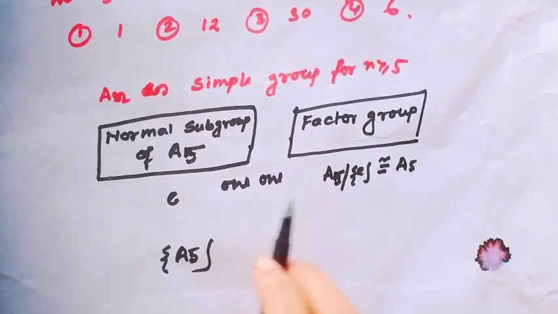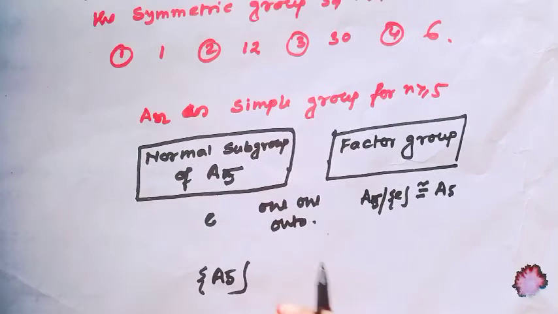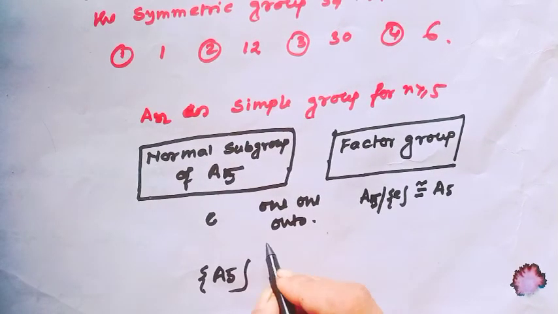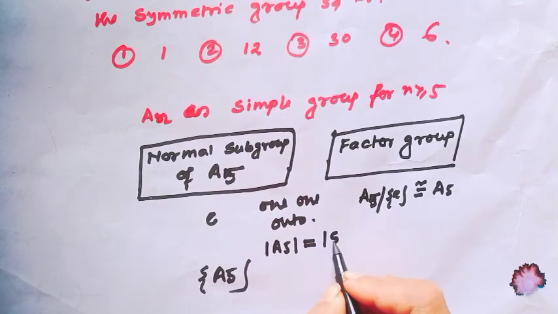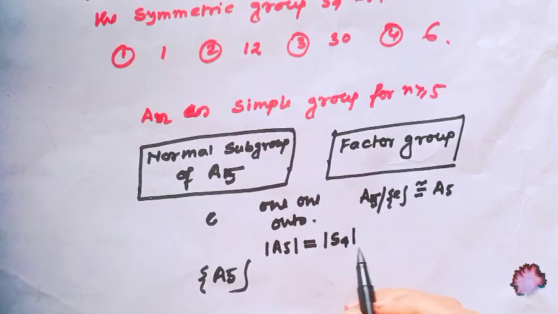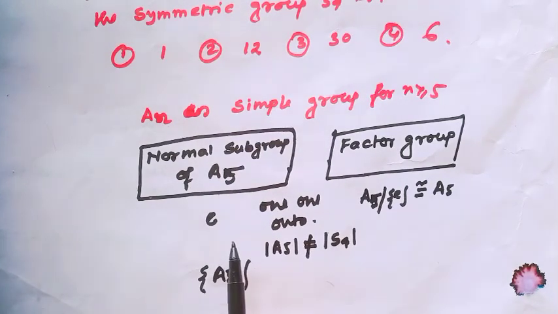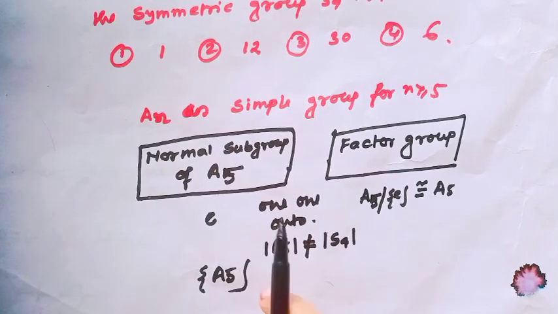So it would always be onto as well. Okay? And if the map is 1-1 and onto, then the order of A5 should be equal to the order of S4, which is not possible. So this homomorphism does not exist with kernel identity.